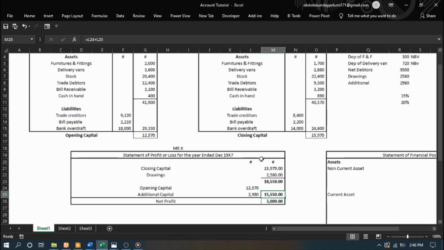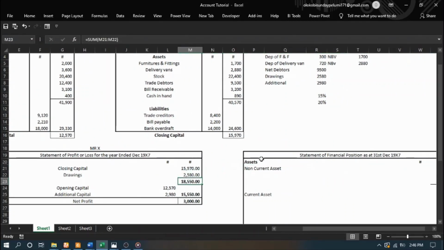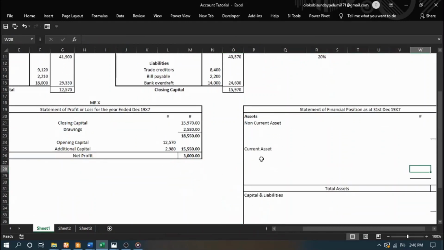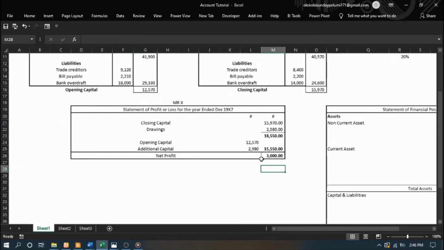Alright, so opening capital is that. Closing capital is 15,970. Alright, so that has been corrected. So we have net profit to be this amount. So this is the profit of the business for the period. Now we can prepare our statement of financial position.